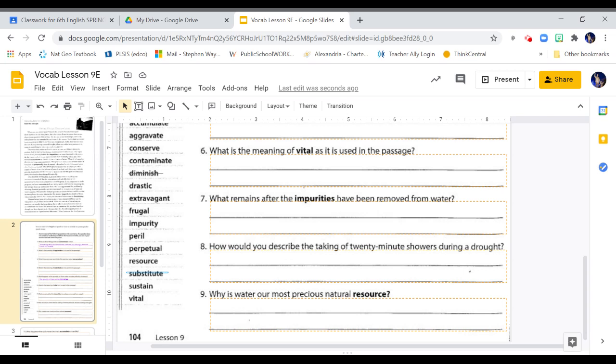And if I take this first step of putting a line through some of these things, like here's impurities, impurity, I don't have to use again. Resource, I don't have to use again. This will help me keep track of the words that I need to use in my sentences and the words that I don't have to use.